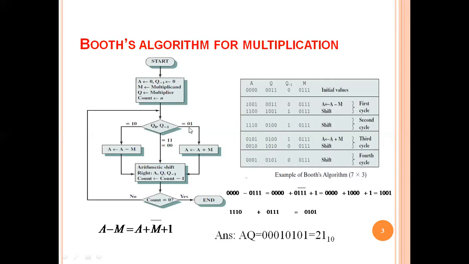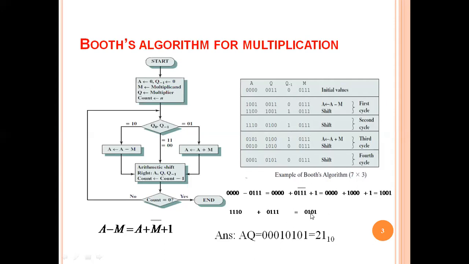Again, we have to check Q minus 1. That is 0, 1. 0, 1 means A is equal to A plus M. So what is the value of A here? Sorry, 1, 1, 1, 1, 0 and 0, 1, 1, 1. This is the value of M plus this.